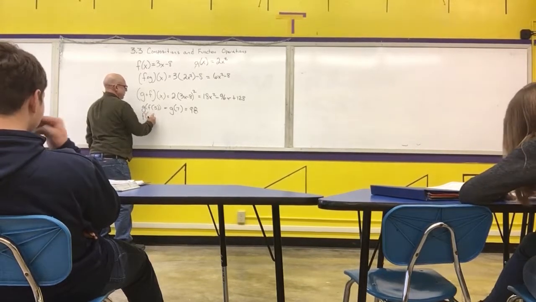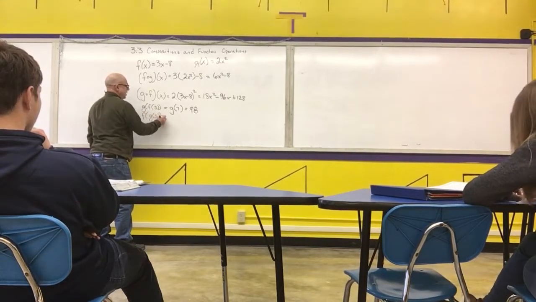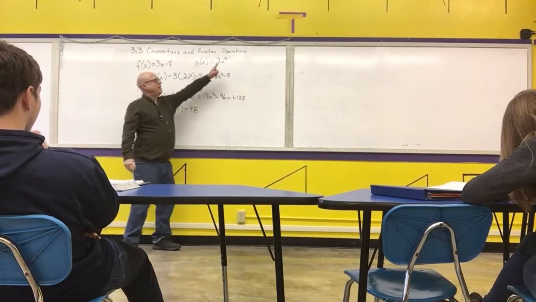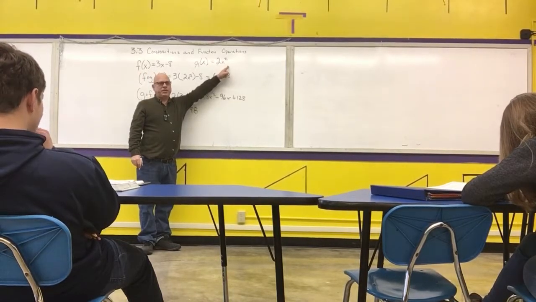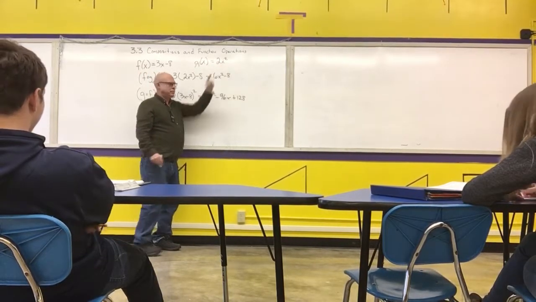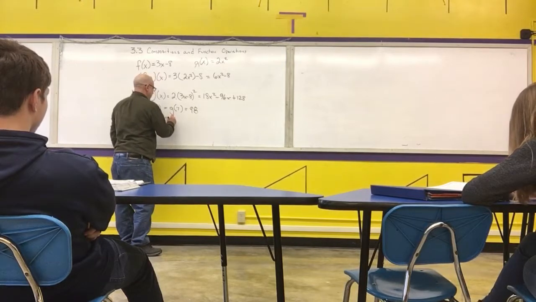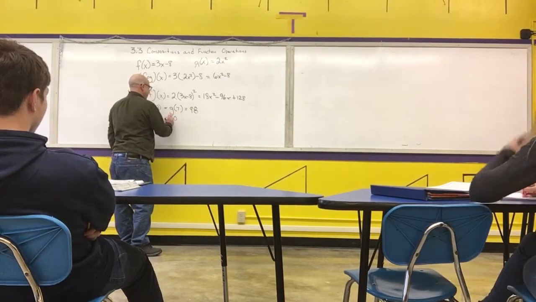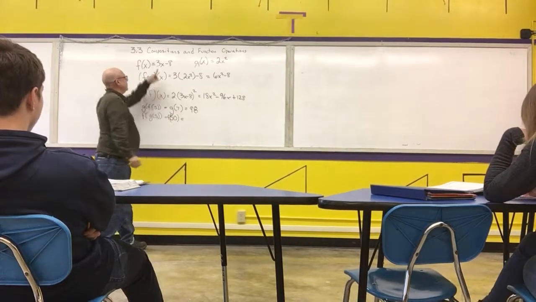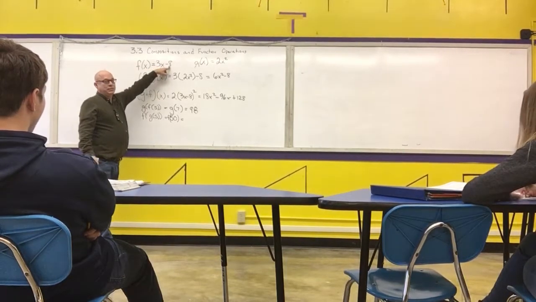So what am I going to evaluate first? g of 5. Put a 5 in here. 5 squared is 25. 25 times 2 is 50. So I now want to do f of 50. 150 minus 8.